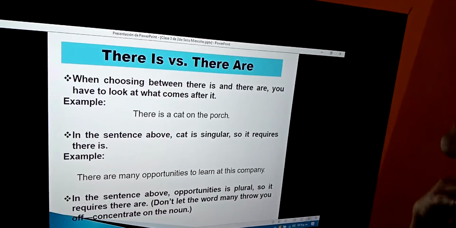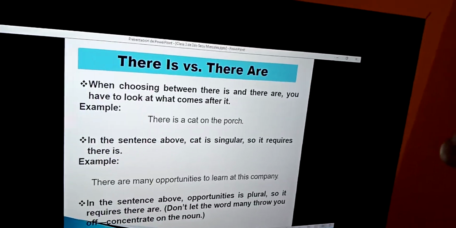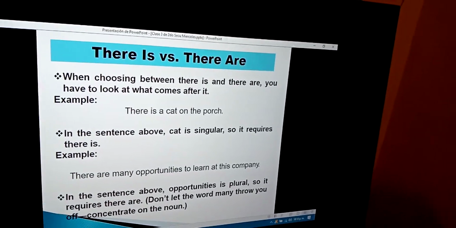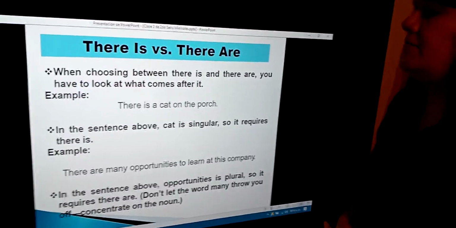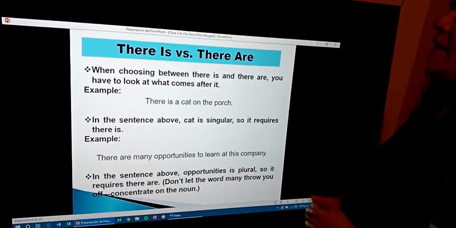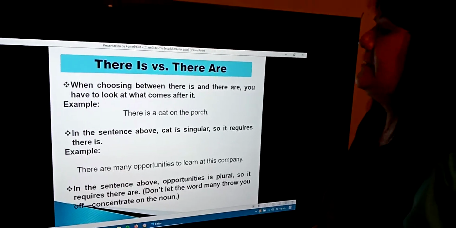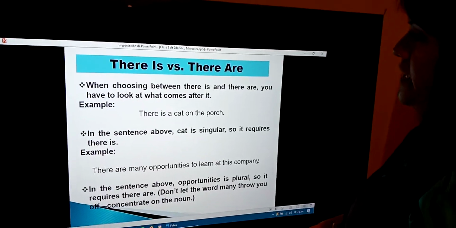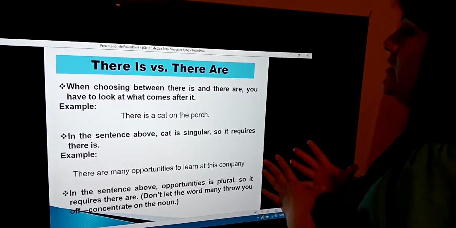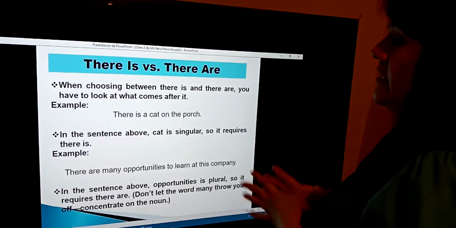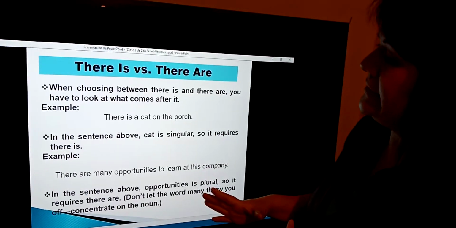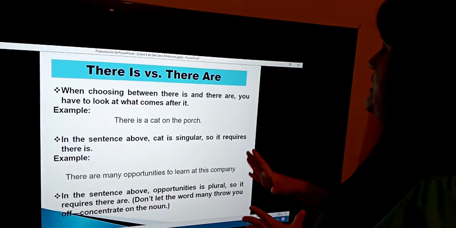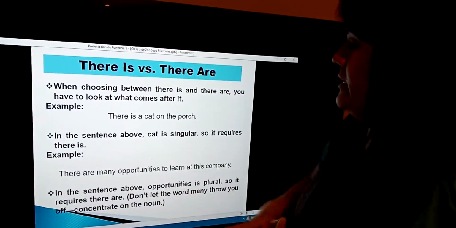Example: There is a cat on the porch. See? The noun "cat" is singular, so it requires "there is."